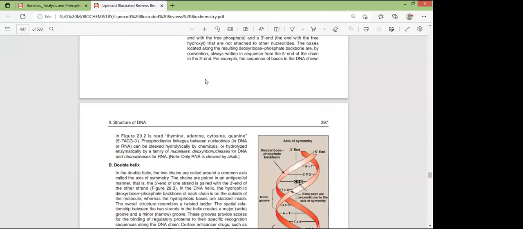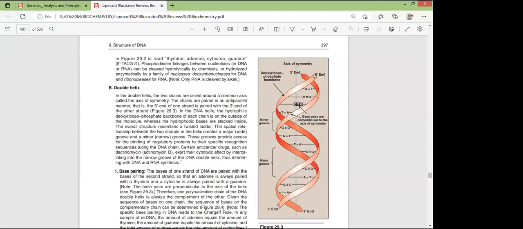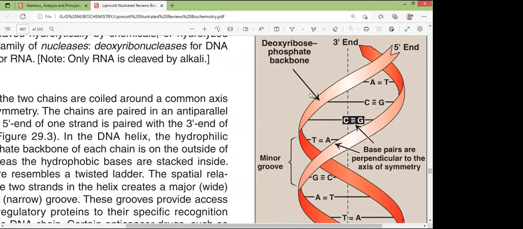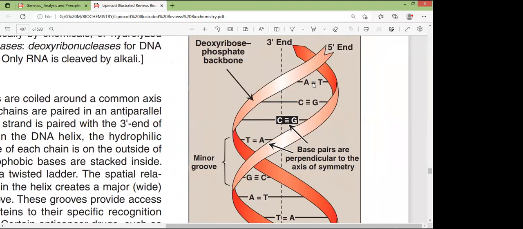Now that diagram is not complete, because we know DNA is double-stranded, right? So in this strand is A, it's linked to the other strand by T. And I want you to note something here, it's not a mistake. A and T, we are seeing two lines, two bonds. C and G, 3 lines, 3 bonds, right?